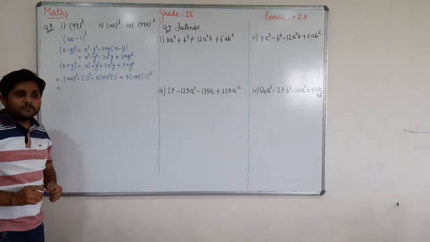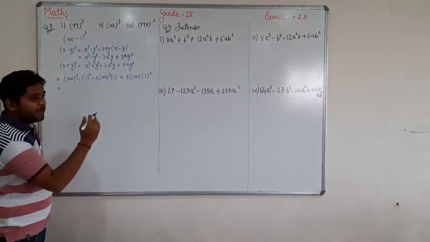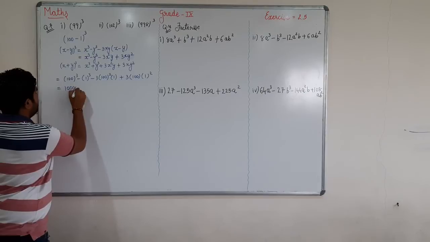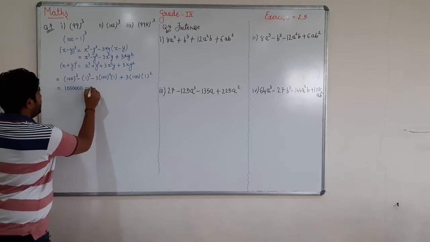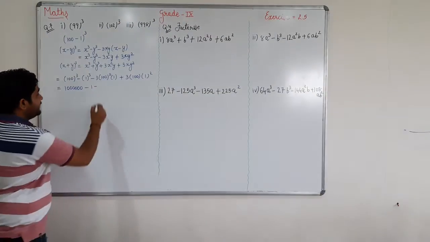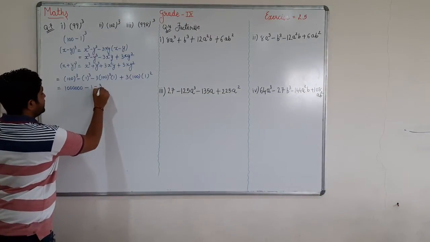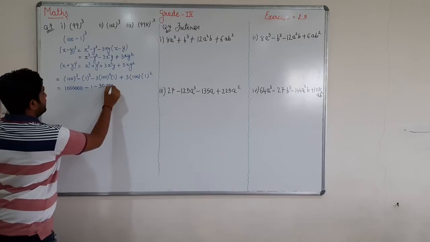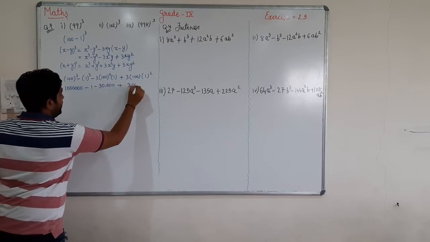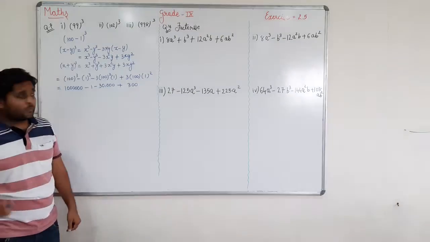Now 100 cube means 100 multiplied by 100 multiplied by 100, so we can write 1,000,000. Minus 1 cube is 1. Minus 100 square is equal to 10,000, so 10,000 multiplied by 3 is 30,000. Plus 3 multiplied by 100 is 300, and 1 square is equal to 1 only.